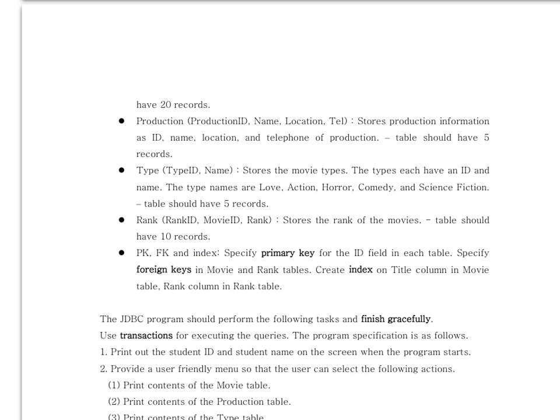You would also want to create an index on the title column in the movie table and the rank column in the rank table. So you'll have two indexes created, the title and the rank columns. It's very important to create these kinds of indexes for performance, as I told you in the class. So make sure that you accomplish those tasks.